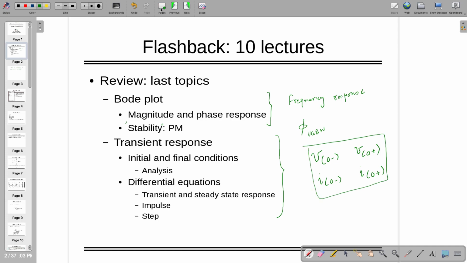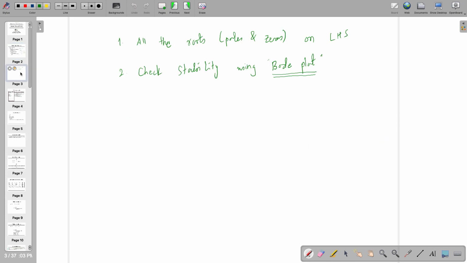If it is a circuit which is like this, what can you tell about I0 minus and I0 plus in terms of current?